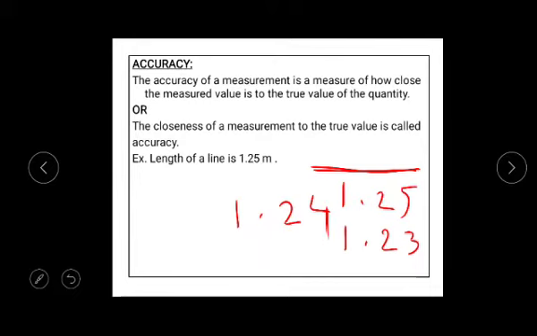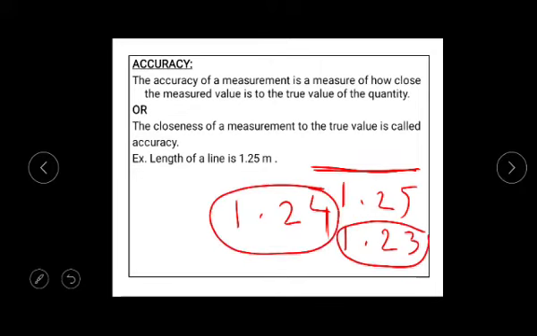So just observe these values. 1.23 is the first measurement, the second measurement is 1.24. So these are measured values. Okay, then what about this 1.25 now? This 1.25 is the true value. So how close are these two to this 1.25? If these are close, then accuracy is high.